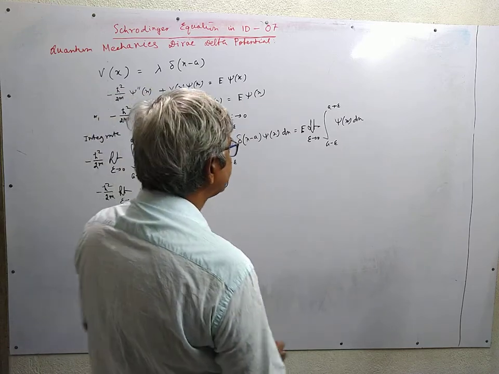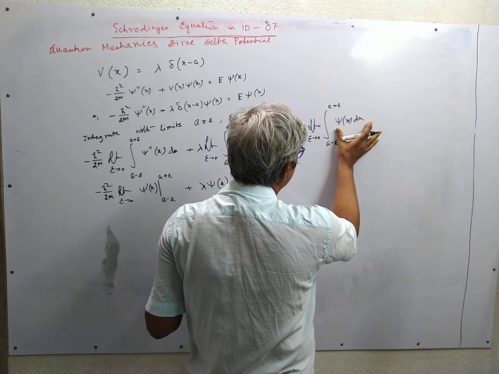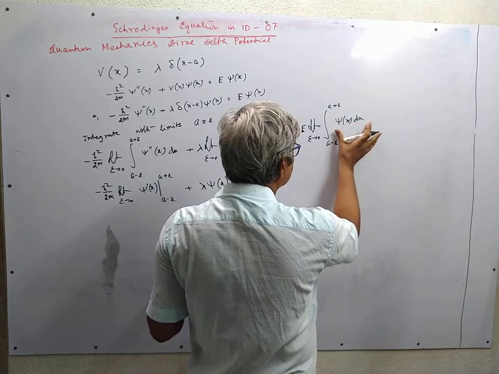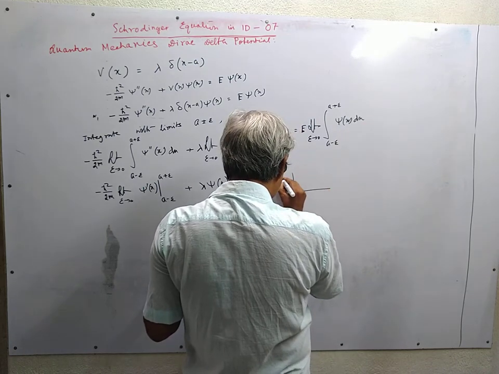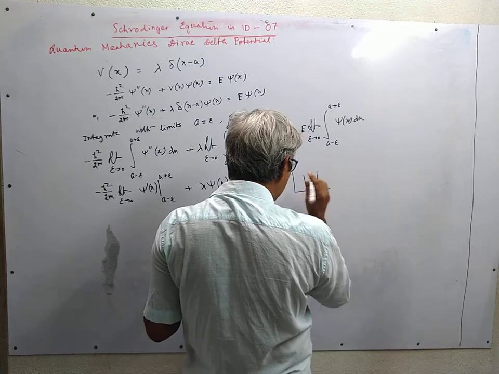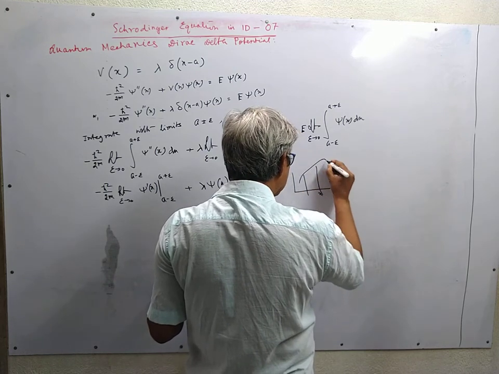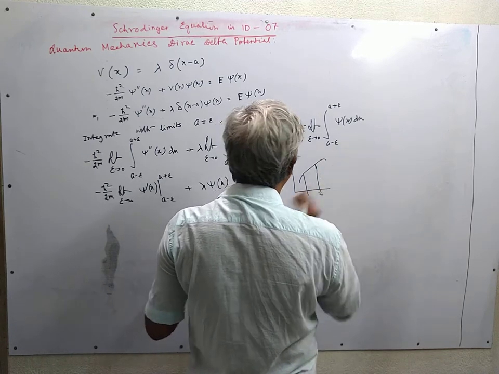And if we consider the right hand side, the wave function is finite. So if we integrate this wave function over dx, we get the area of the wave function within this interval, and since this width goes to 0, the result goes to 0.